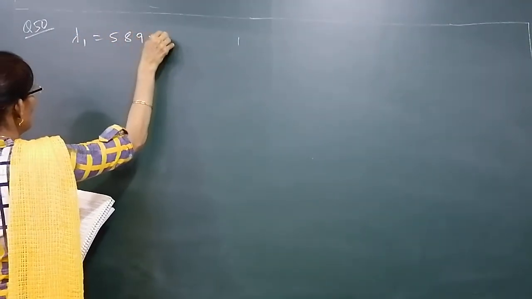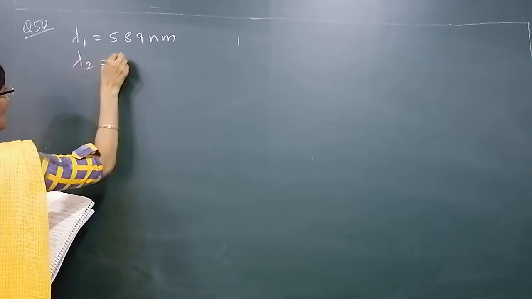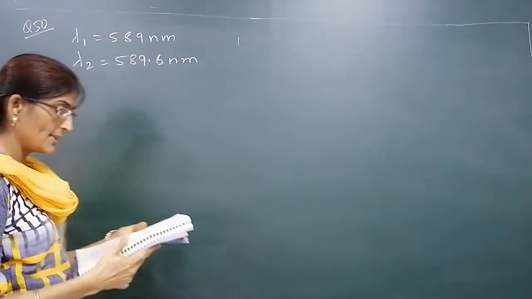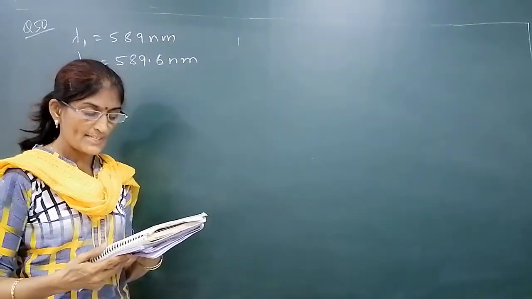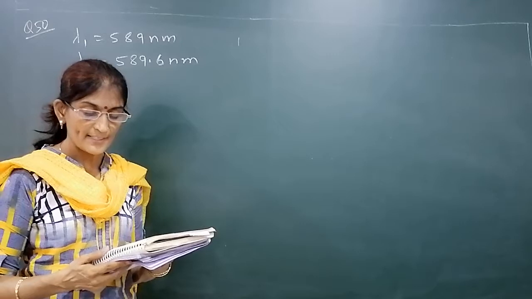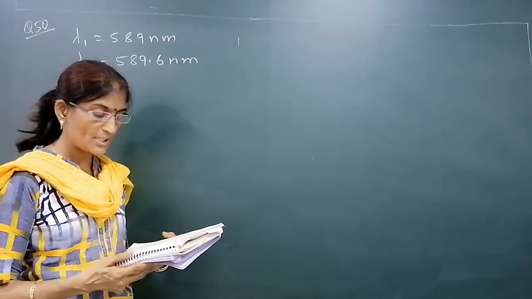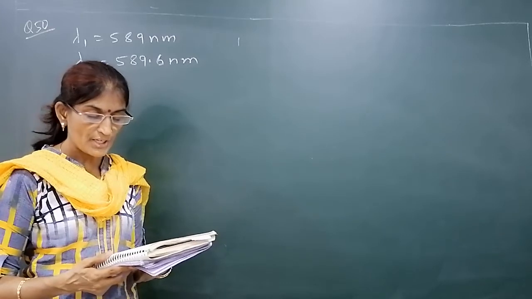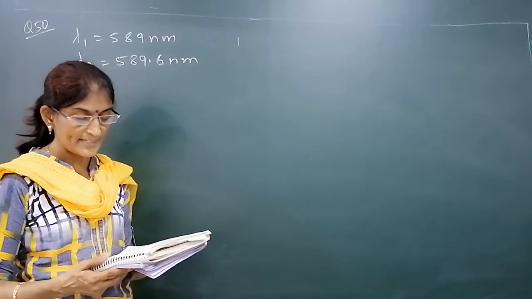Two doublets are there in the spectrum. Calculate the frequency of each transition and the energy difference between the two excited states.